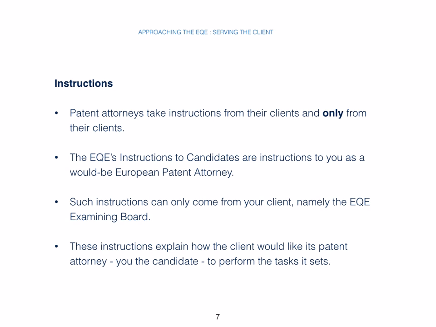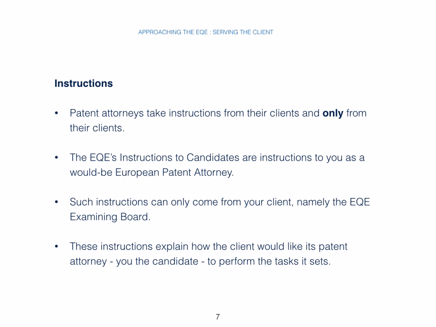Patent attorneys take instructions from their clients, from nobody else's clients, only their own clients, and only from clients. We do not take instructions from the European Patent Office, and not even from the President of the European Patent Office.